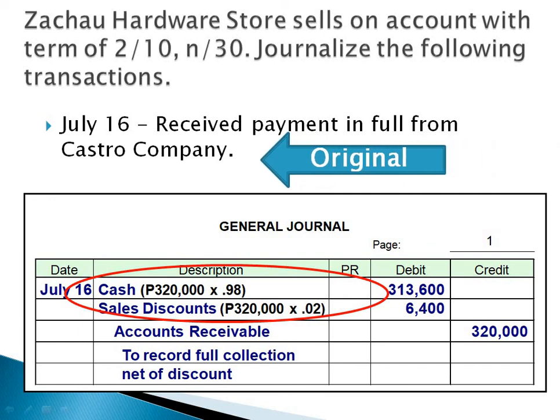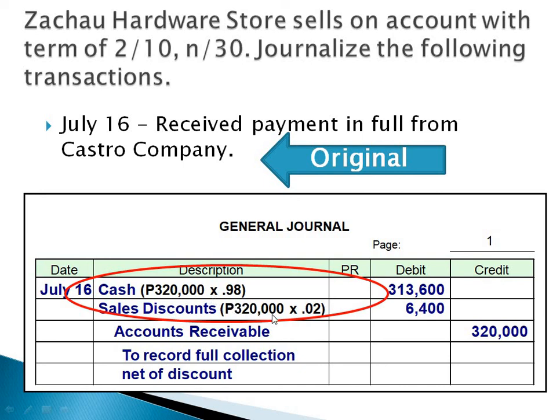Here, we may get this cash of 313,600 by either deducting the sales discount of 6,400 from this 320,000 or by multiplying 98% or 0.98 in terms of decimal by 320,000.